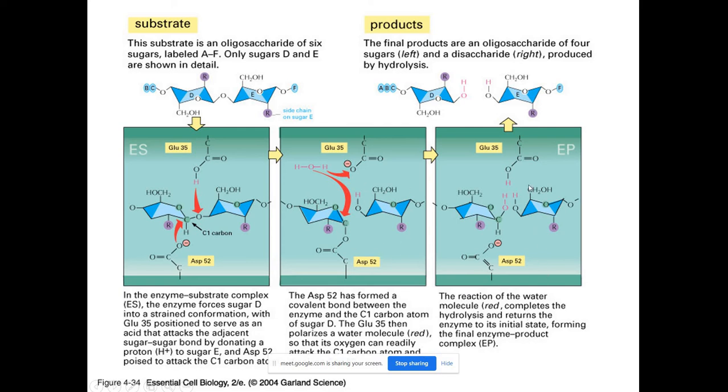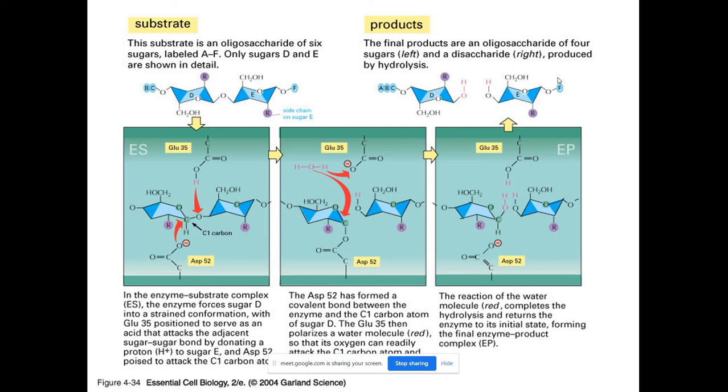Now come to the third figure, the reaction of the water molecule, which completes the hydrolysis and returns the enzyme to its initial state, so that the enzyme can be in its normal form and do its normal function, forming the final enzyme product complex. Now the product is released, so the enzyme comes back to its original form.